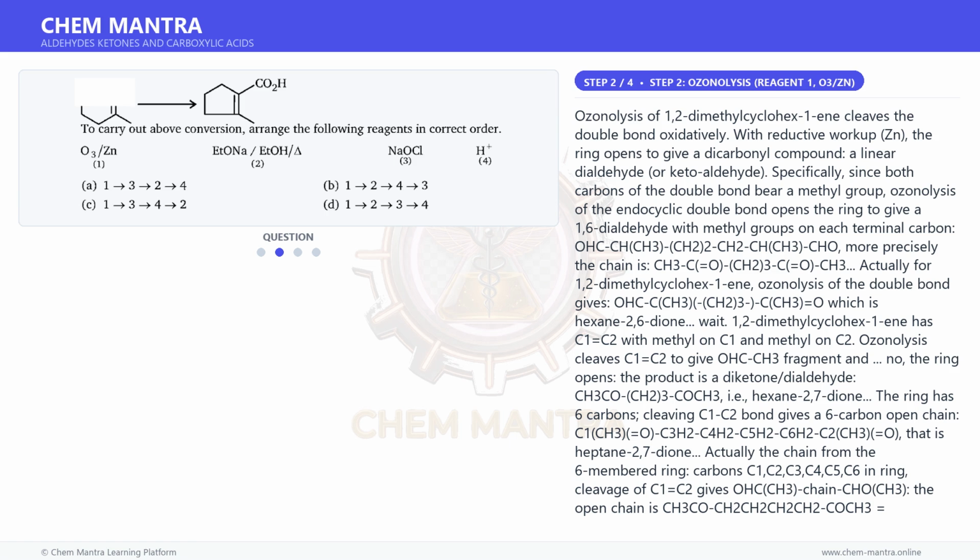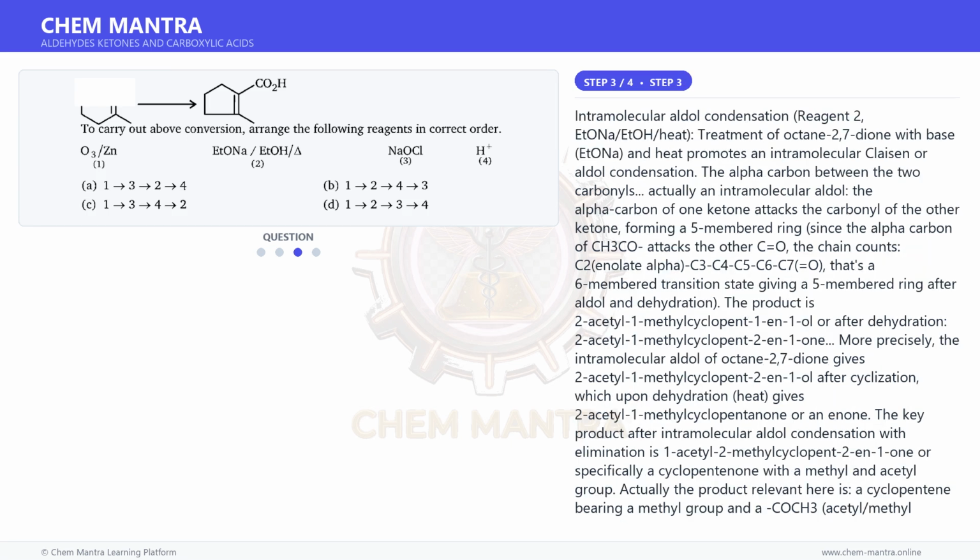Cleavage gives O=C(CH3)-CH2-CH2-CH2-CH2-C(CH3)=O, which is octane-2,7-dione. The 6 ring carbons plus 2 methyl carbons make 8 total, since the methyls are substituents. The open-chain compound is octane-2,7-dione.